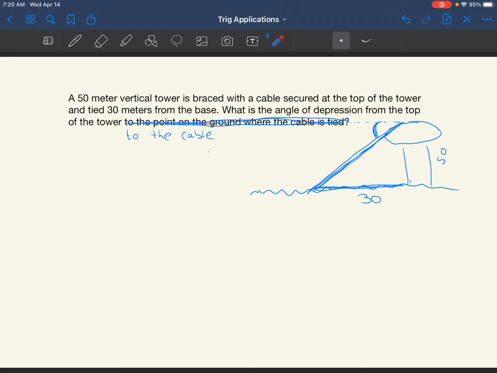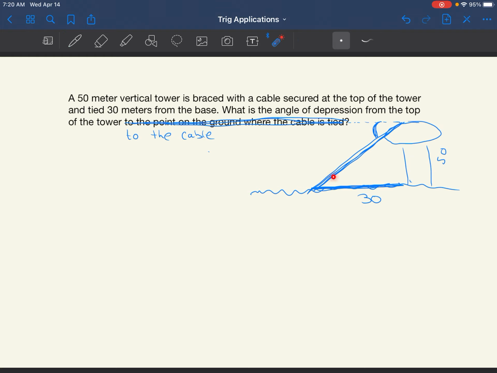One thing to remember about the angle of depression, a very important thing to remember, is that the angle of depression is equal to the angle of elevation. So let's go ahead and find the angle of elevation. Angle of elevation goes up from the horizontal, which in this case is the ground.